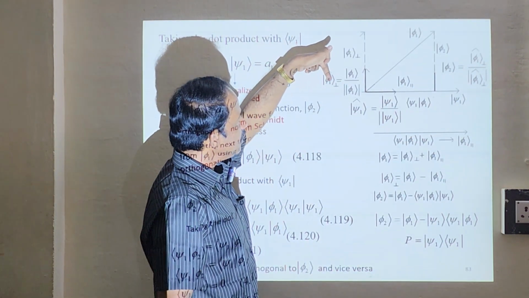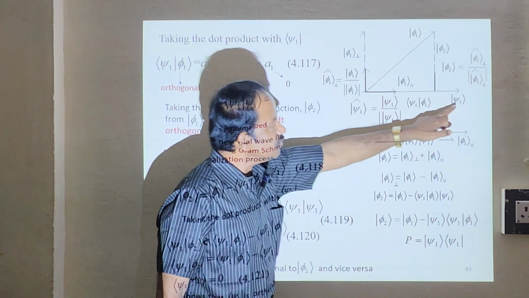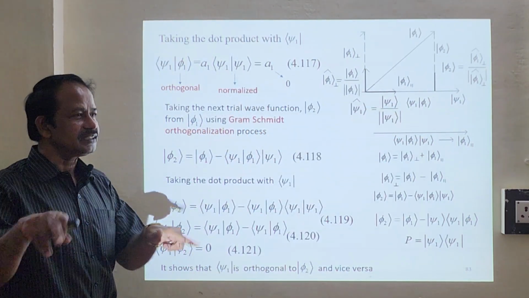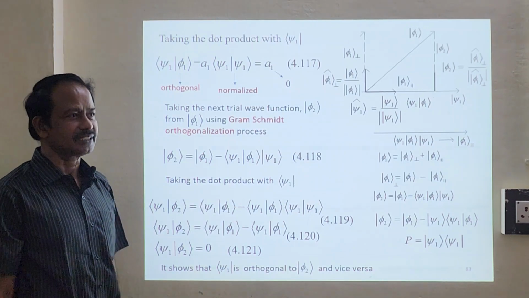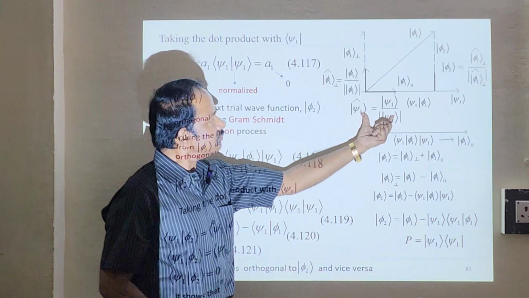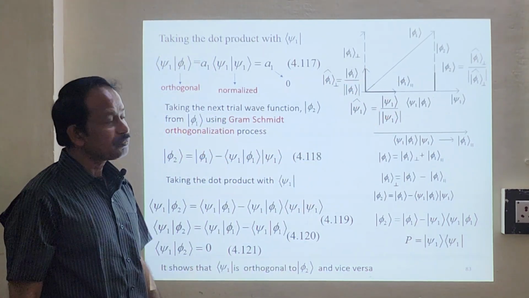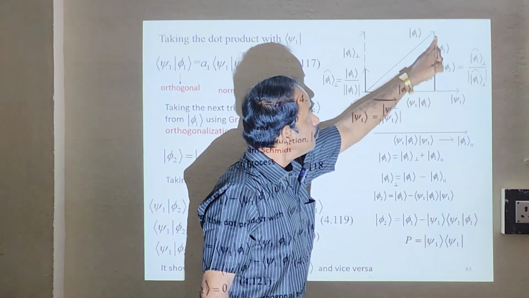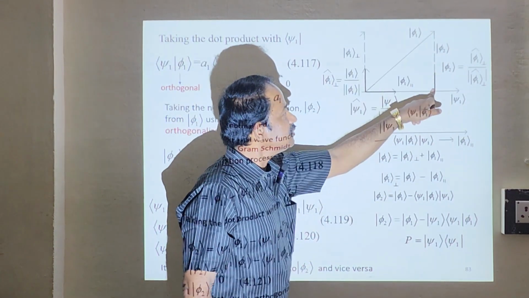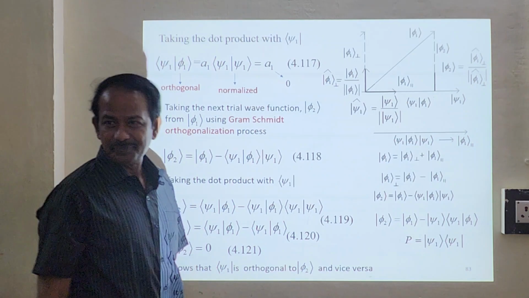And unit vector for phi 1 can be written exactly like this. The unit vectors for psi 1 can be written like this. A by modulus A vector, which you have already said for unit vector. A vector divided by modulus of A vector is a unit vector. So I can write unit vectors exactly like this. Now look at this phi 2. Phi 2 vector is here. So phi 2 vector is perpendicular to psi 1.